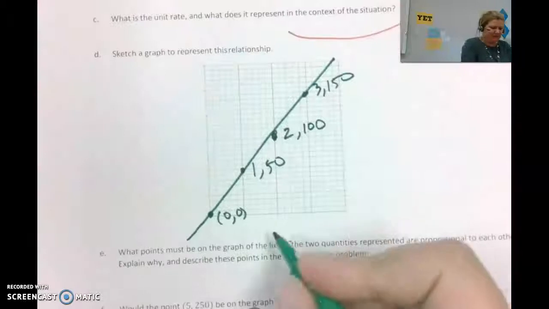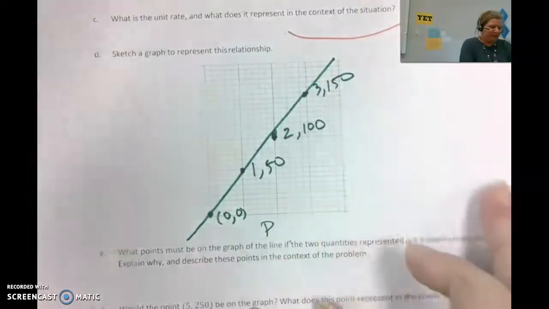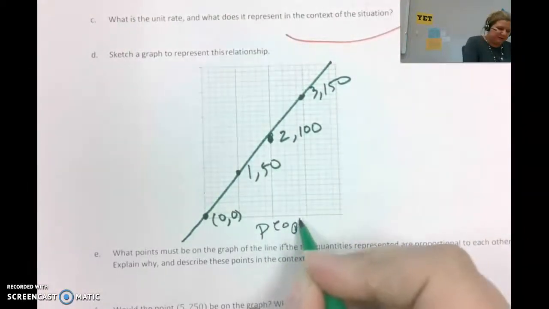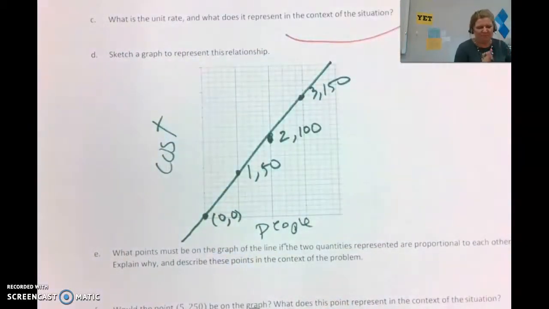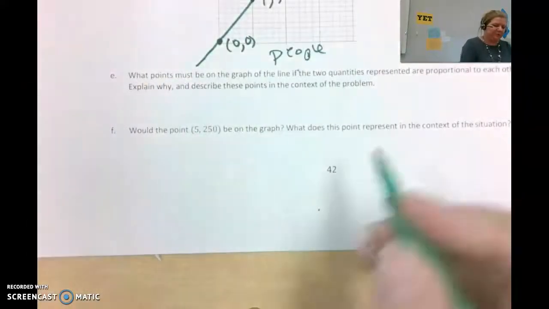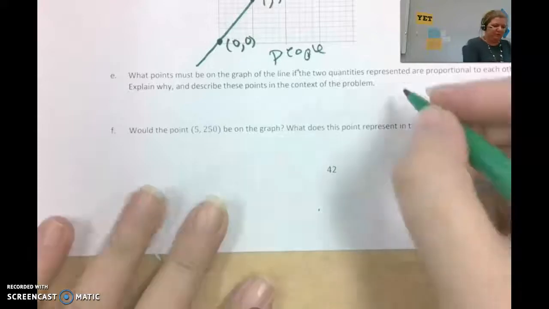There we go. Oh, probably if I'm going to sketch it, I still need to put my x and y. So x was number of people, y is cost. I mean, that's kind of the difference between a sketch and being very precise like we were before, and we labeled. So, moving on. What points have to be on the graph to prove it's proportional?